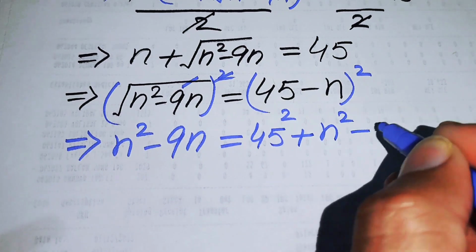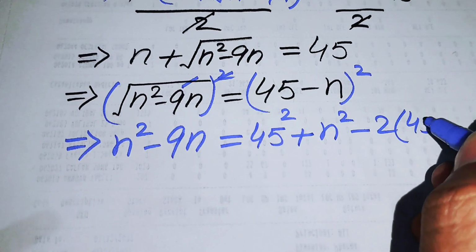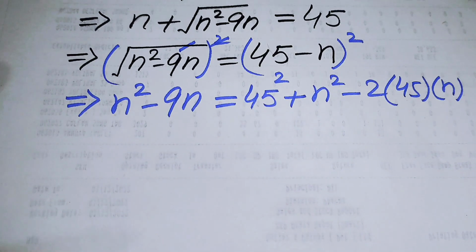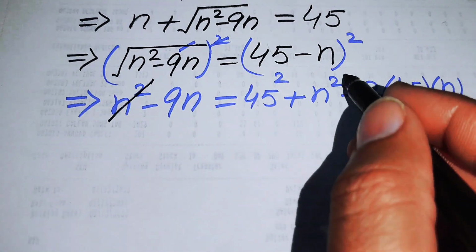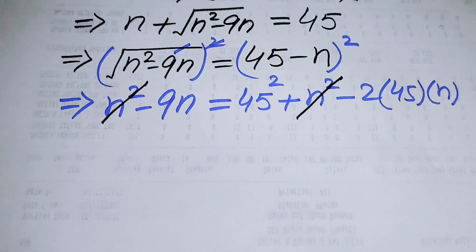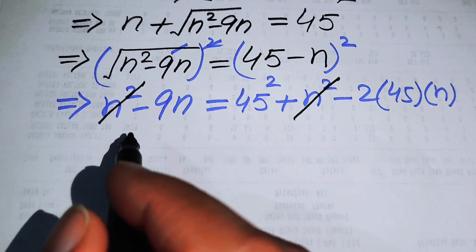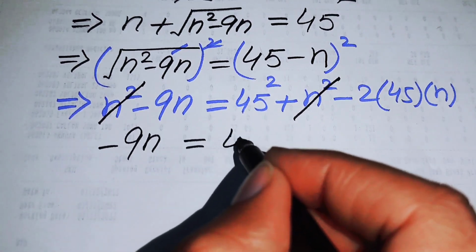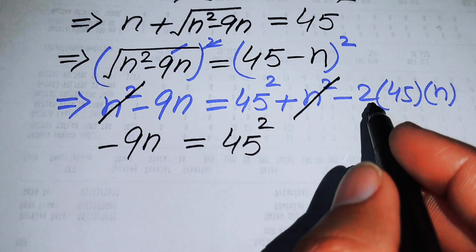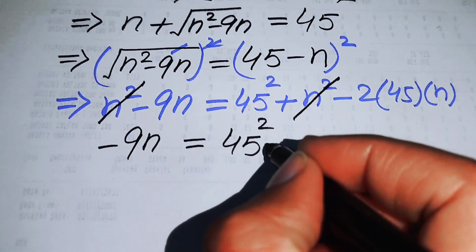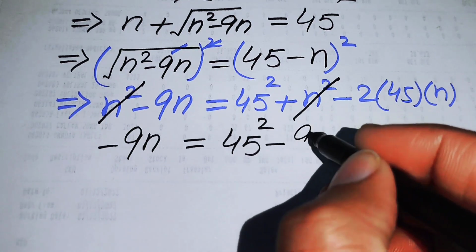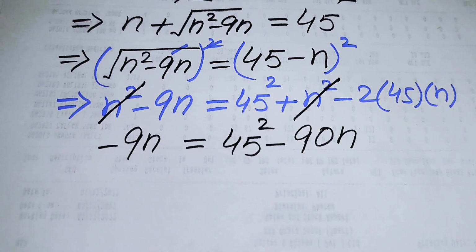plus n square minus 2 times 45 into n. Now you focus on both of the sides and you see that this is plus n square and this is also plus n square, and these are cancelled by each other, and in the left hand side we get only minus 9 times n, and in the right hand side we have 45 square, and we multiply this 2 times 45 and n, and you get here 2 times 45 is 90 into n.